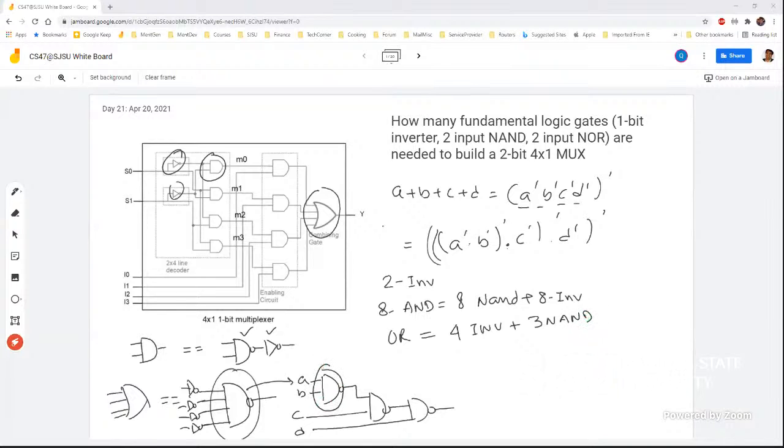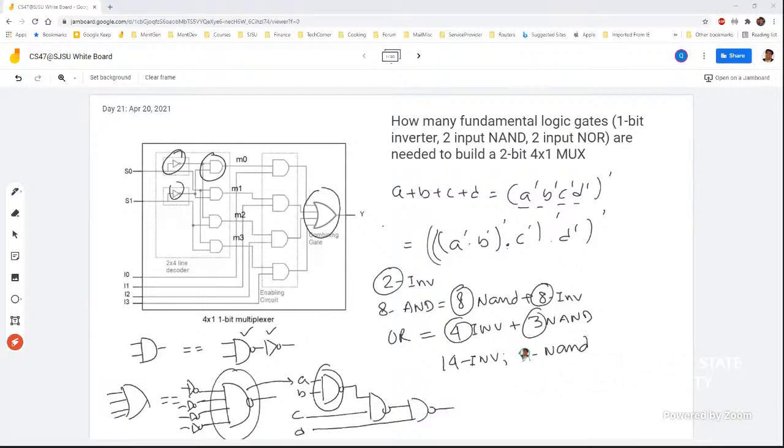So our final count would be 2 plus 8, 10 plus 4, 14 inverter. And then we have 8 plus 3, 11 NAND.